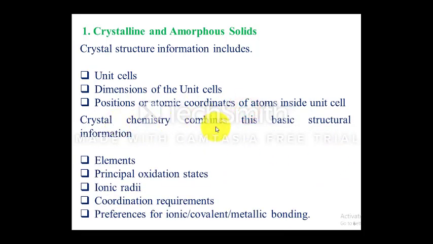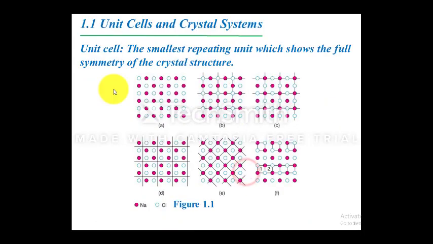Crystal chemistry combines this basic structure information and gives us information about elements, their principal oxidation states, their ionic radii in a crystal system, their coordination requirements and their preferences for ionic, covalent or metallic bonding. In other words, in any crystalline material, what kind of bonding is present, either ionic, covalent or metallic bonding.